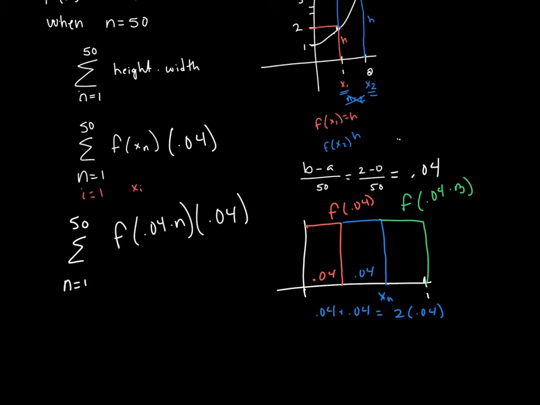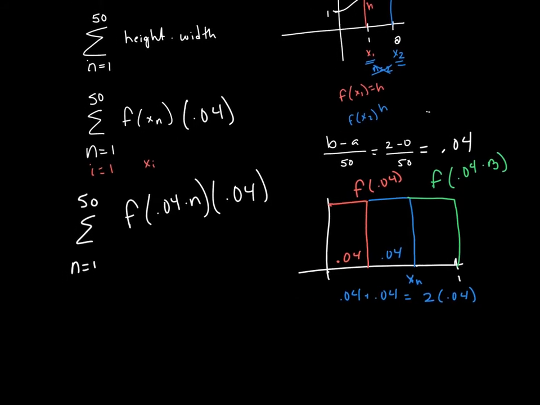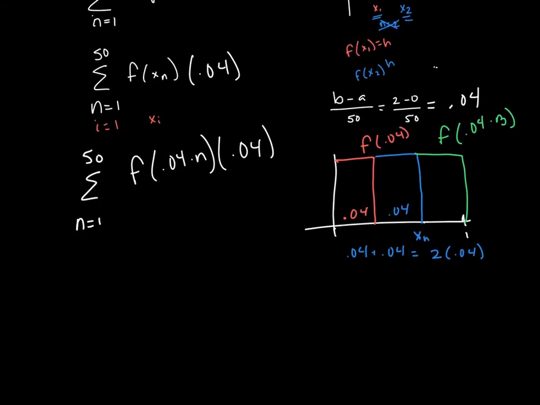So let's go ahead and put this in and make all the numbers fit. So my summation goes from n is equal to 1 up to 50. Now I have to plug this into my original function. It's off the screen now, but my function f is just x to the third plus 1.